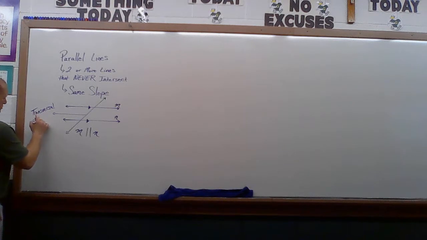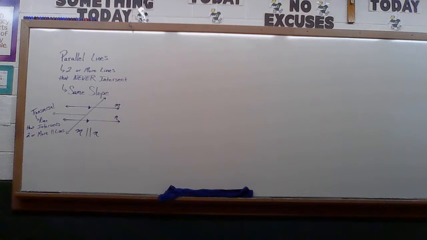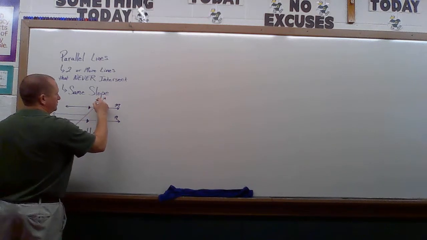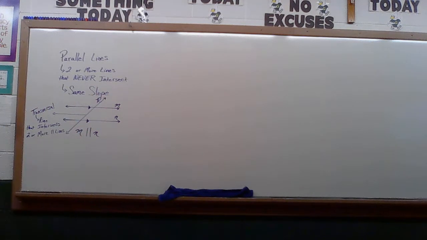This transversal is just a line that intersects two or more parallel lines. And we'd call this something else, I don't even know what that letter is. R, okay. We'll call it R.